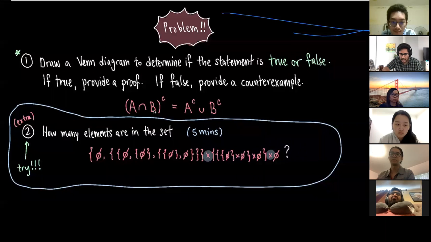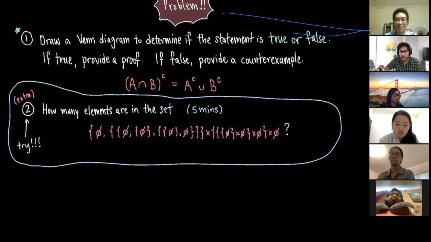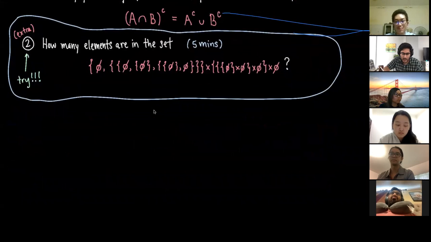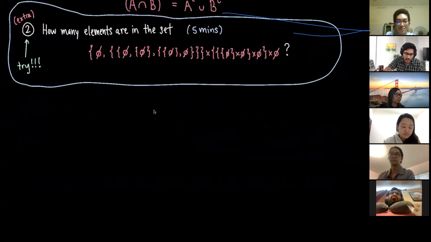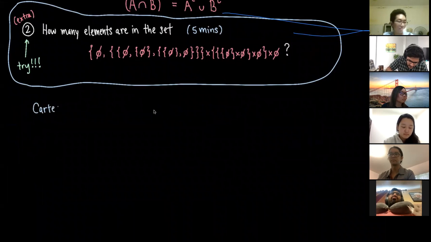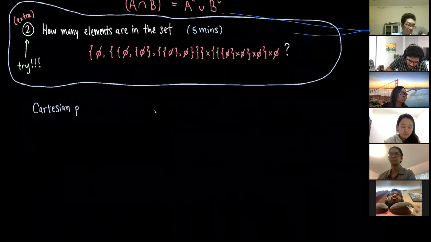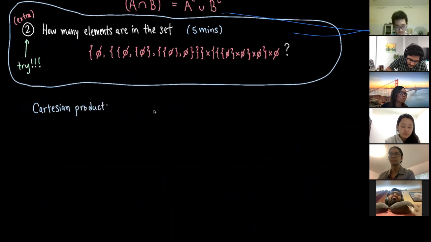What does that mean? That means tuples. Somebody was saying in the chat earlier. I'll block the first question because let's not worry about that one for now. But yeah, Cartesian products. Let me explain this and then I'll give you a few minutes to think about the problem.